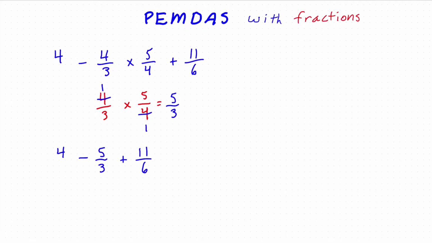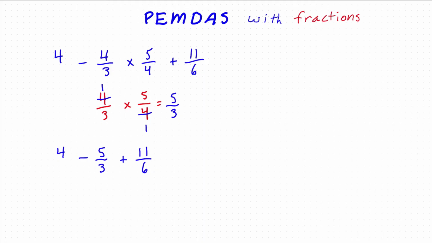So this is our new problem. According to PEMDAS, we don't have any more multiplication or division. We're at addition and subtraction, and we make sure we do that from left to right. So we're going to do this side first. We've got to do 4 minus 5/3.